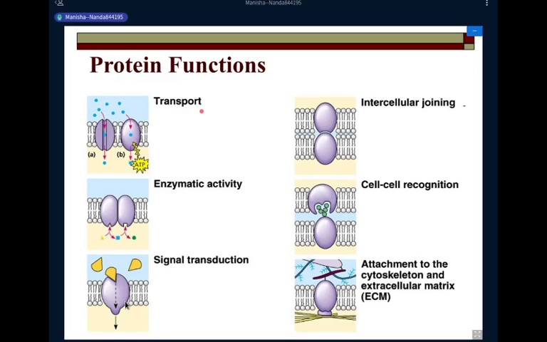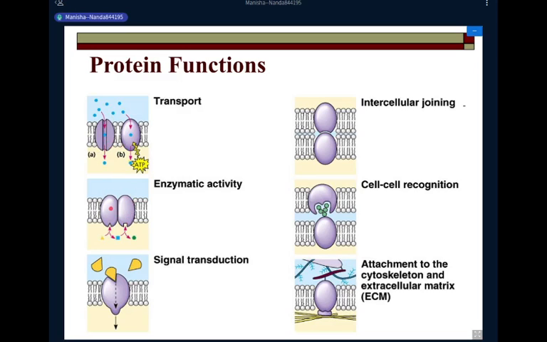So membrane proteins can help the plasma membrane in transport. You can see it can help either in active transport that works with the utilization of ATP or energy, or it can allow passive transport of molecules across the membrane.